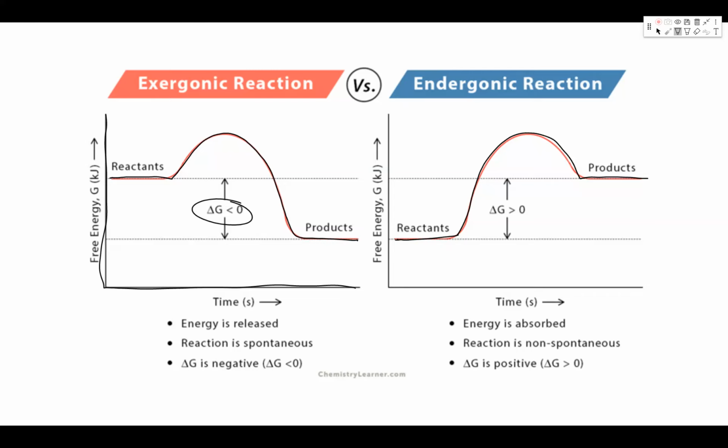So our delta G, our change, our difference between the two, is going to be positive, because we have to put in all of this energy in order to get to where we need to go. Whereas this one over here, we can lose energy and get it where it needs to go. And that energy has to go somewhere, so it's released.